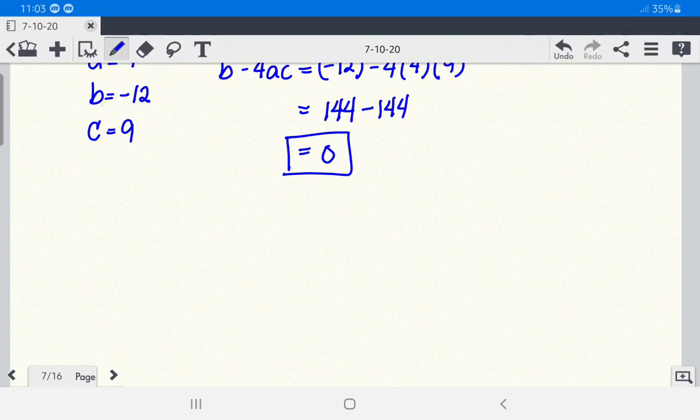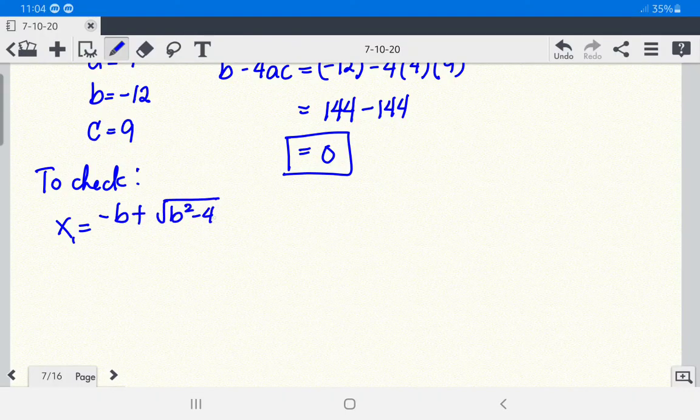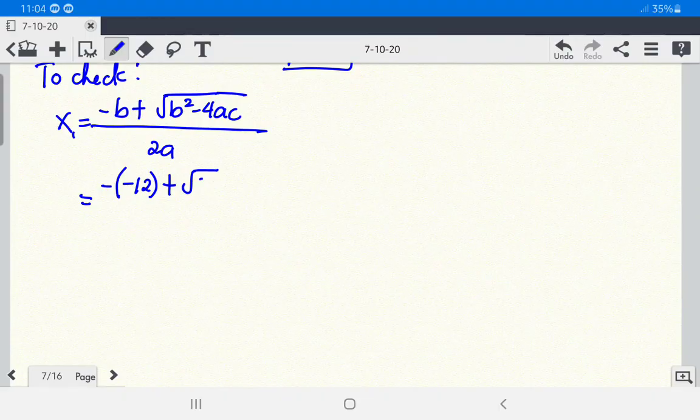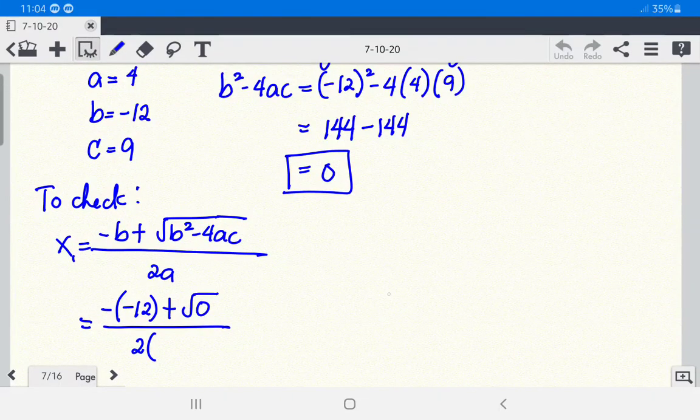To check, x sub 1 is equal to negative b plus the square root of b squared minus 4ac over 2a. So we have b is negative 12, so negative of negative 12. Then plus the discriminant is 0, so we will just write here 0. Then over 2 times the value of a is 4.